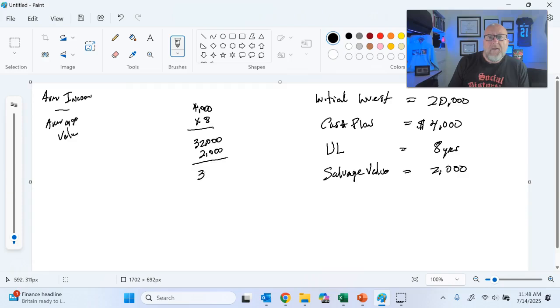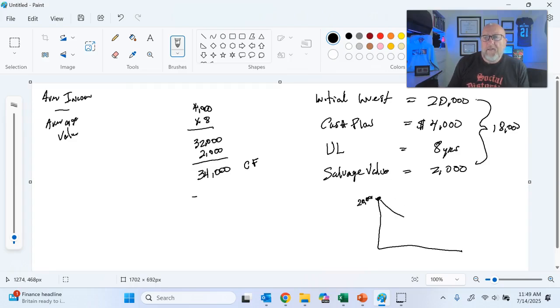So the total cash that I am expecting to generate from this asset is 34,000. But again, we need average income. So what I would do is subtract all of the anticipated depreciation. We're going to go from 20,000 down to 2,000, and therefore total depreciation is 18,000. I can just quickly draw that: we have a $20,000 initial investment, and it's going to decrease down to 2,000 over that 8-year period. And therefore the total depreciation is going to be 18,000.